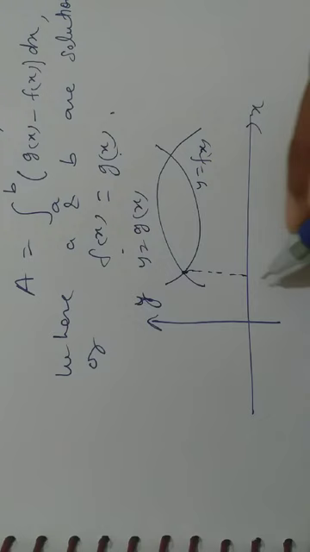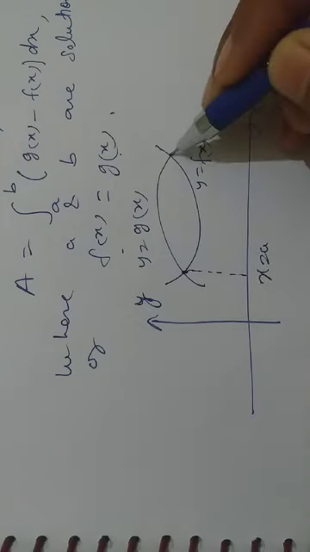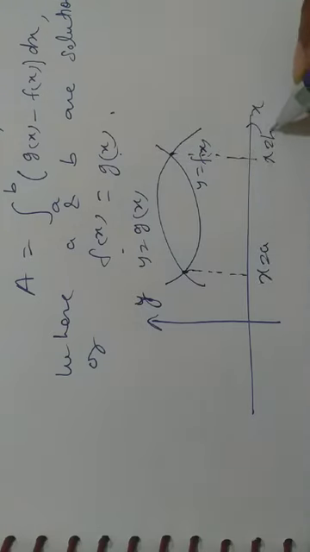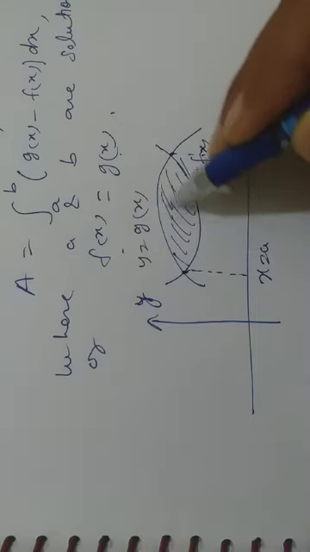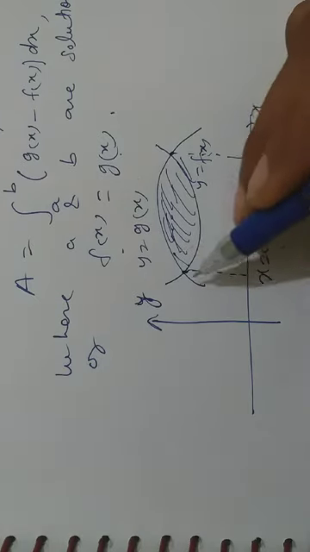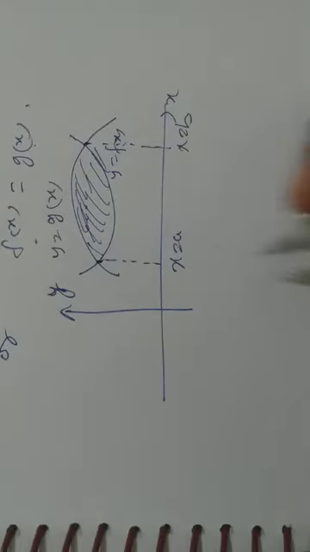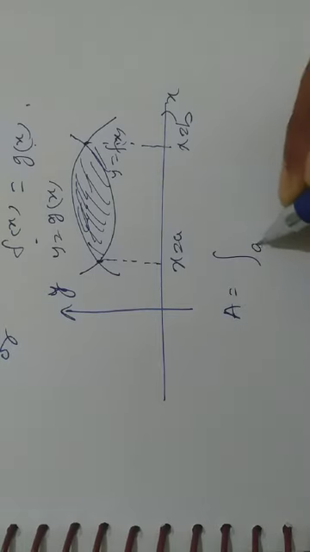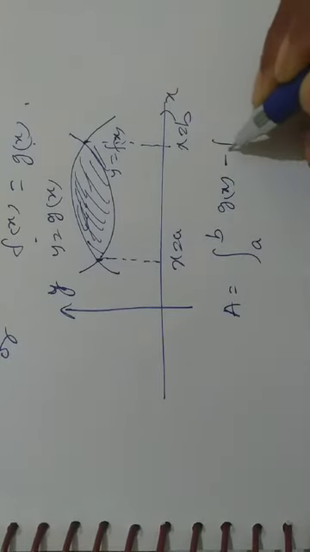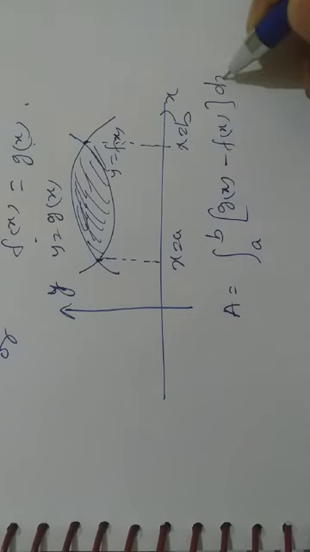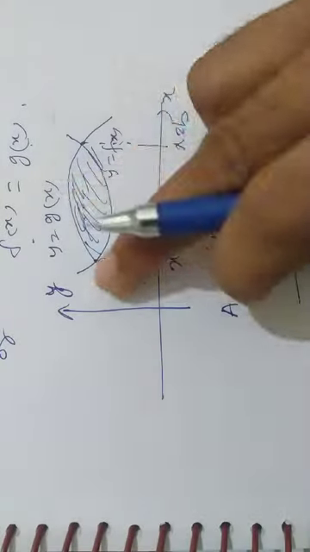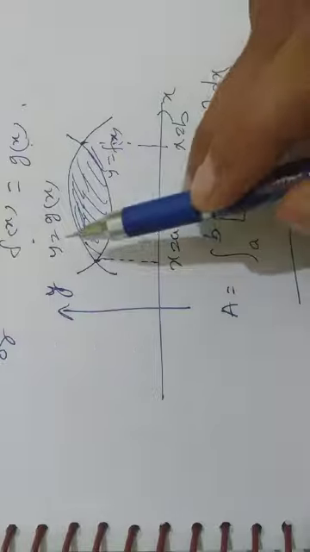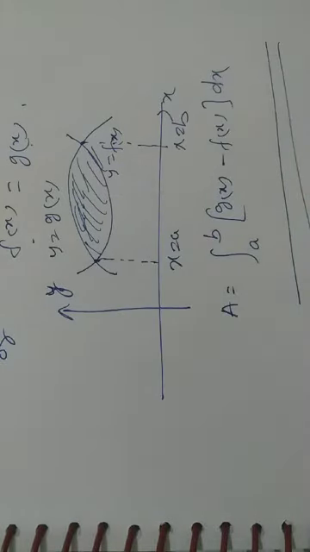So this is the point x equal to a, and this is the point x equal to b. So this area bounded by the two intersecting curves can be given as A equal to the integral from a to b of g(x) minus f(x) dx. This is the required expression to find the area bounded by two intersecting curves y equal to g(x) and y equal to f(x).